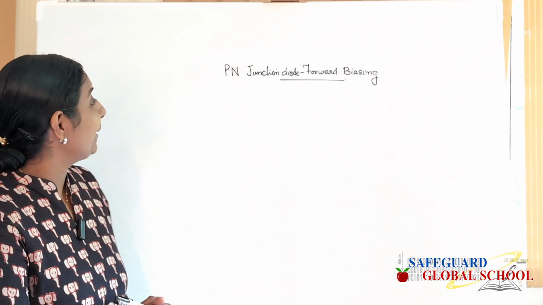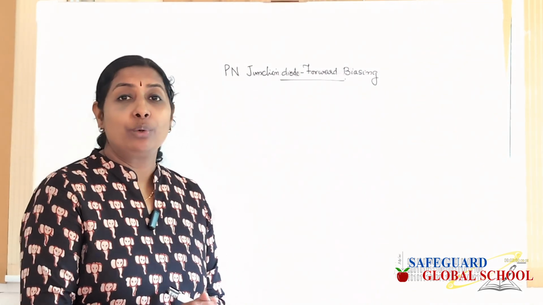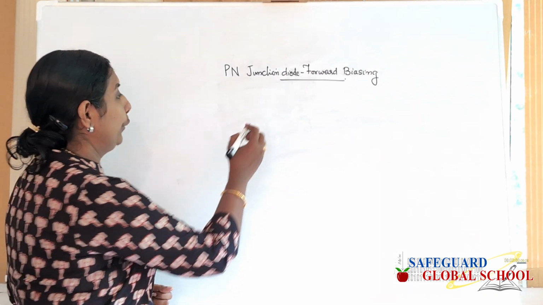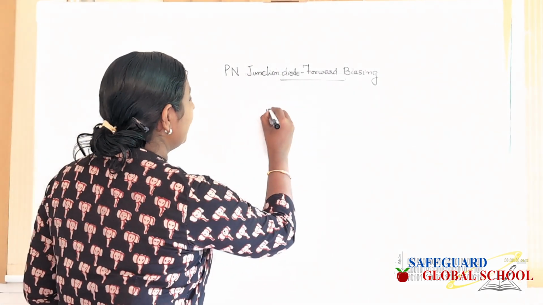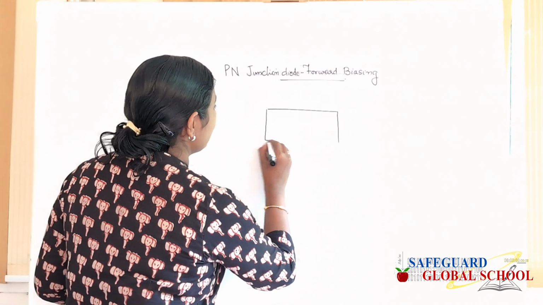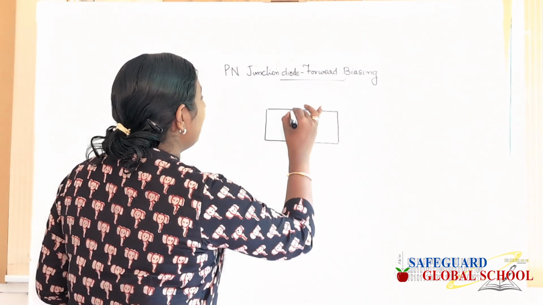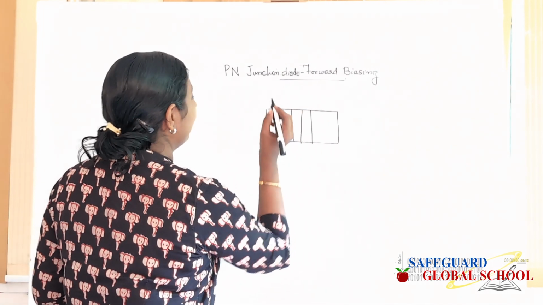Next, we will study a PN junction diode in forward bias. You remember what I have told you. I'll draw a PN junction. So this is a PN junction and we know that a potential barrier is created here.